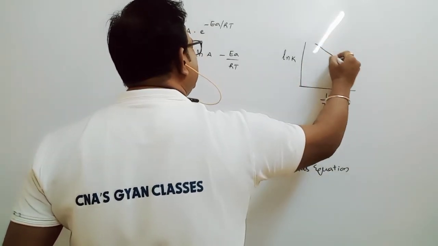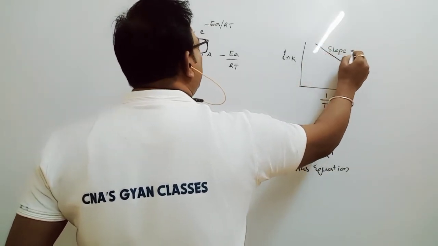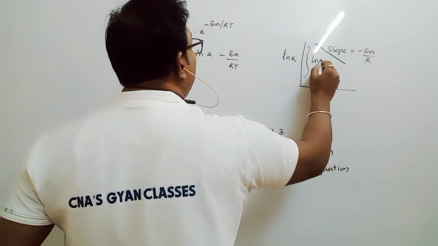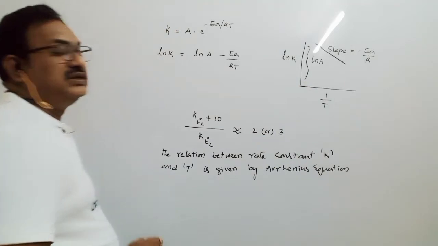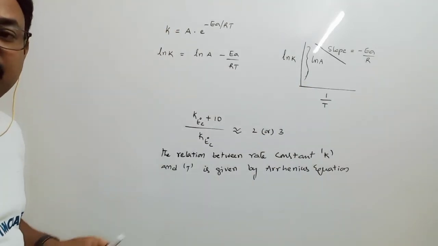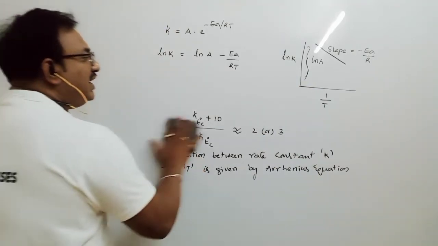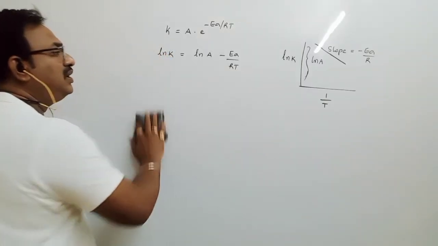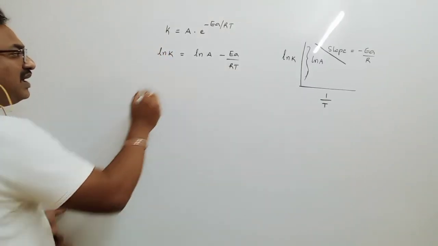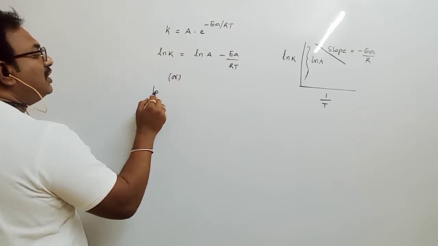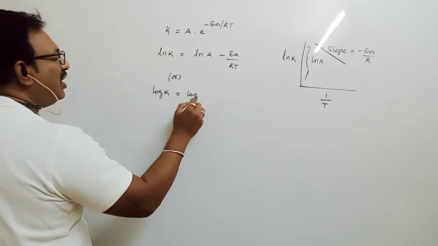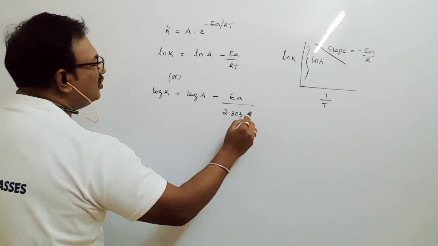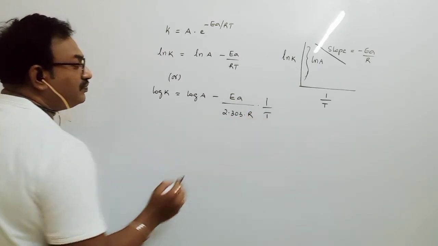The slope is minus EA by R, and the intercept is ln A. So this is the graph of ln K versus 1 by T. The intercept is ln A and slope is minus EA by R. And this equation can also be written as log K is equal to log A minus EA by 2.303 into R into 1 by T.